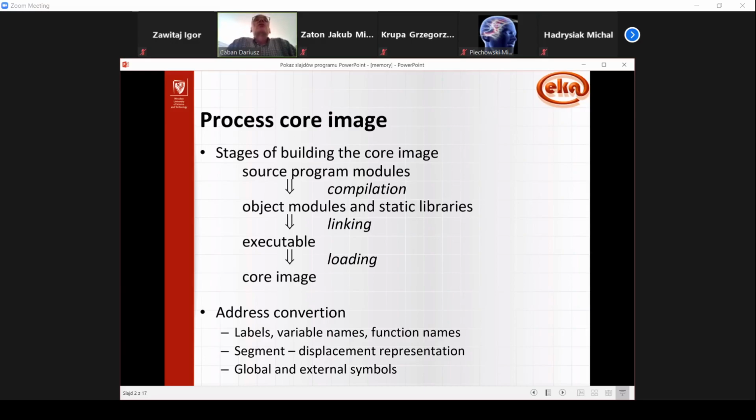If there are no external references in your program to global symbols in this, you just ignore it and go on to the next module and so on. At certain point, your external references table will appear empty.